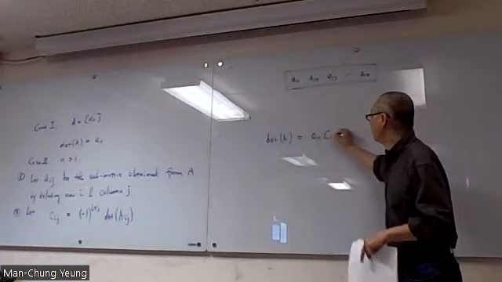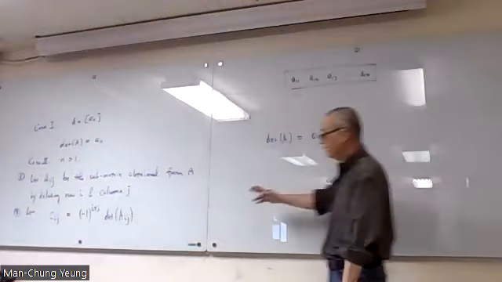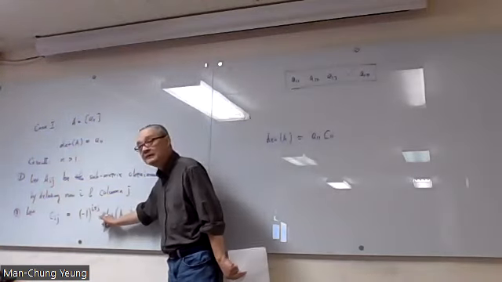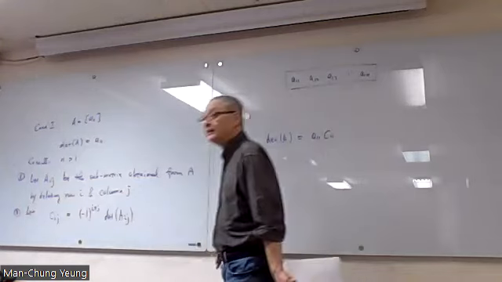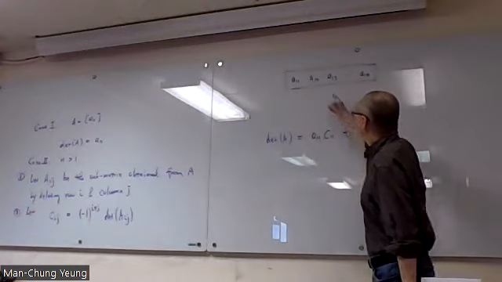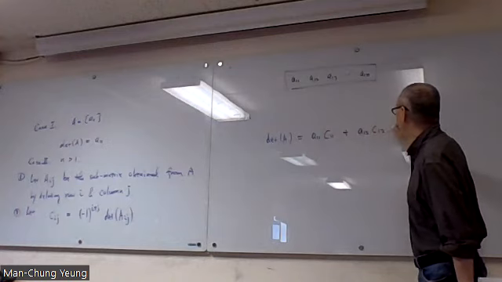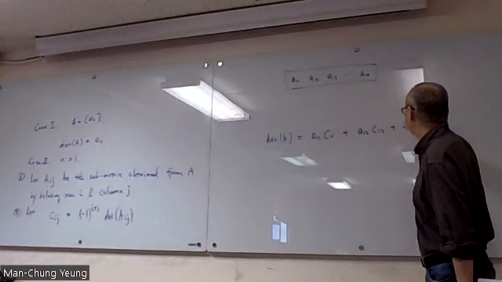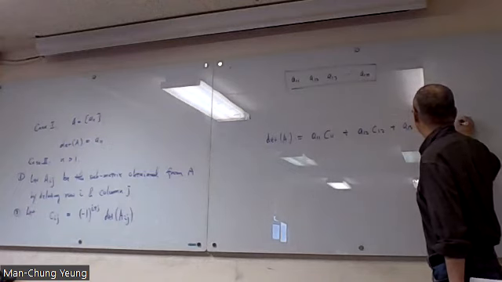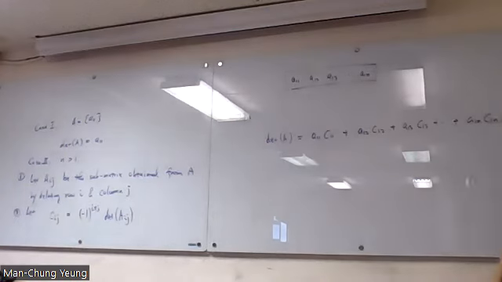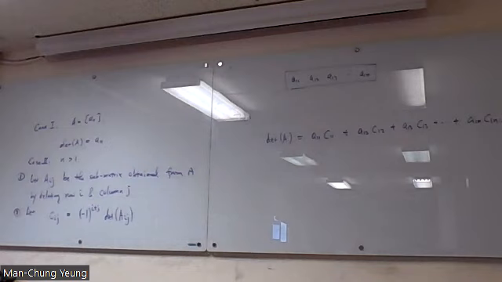A11 times C11, where C11 is defined by setting I to 1 and J to 1, plus the second entry A12 times C12, plus A13 C13, and so on, up to A1n C1n. This is the formula or definition of determinant.